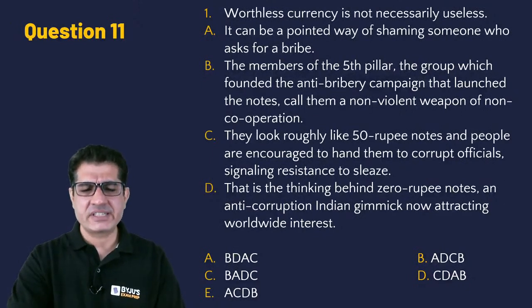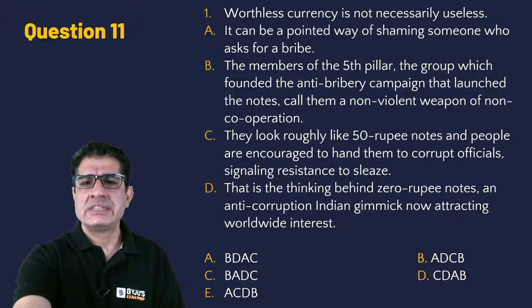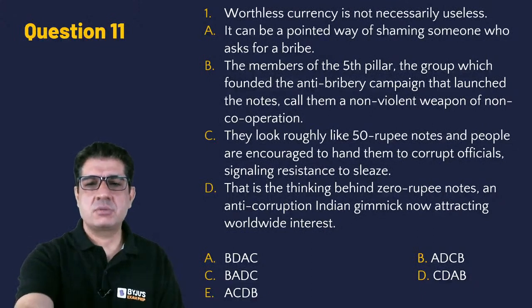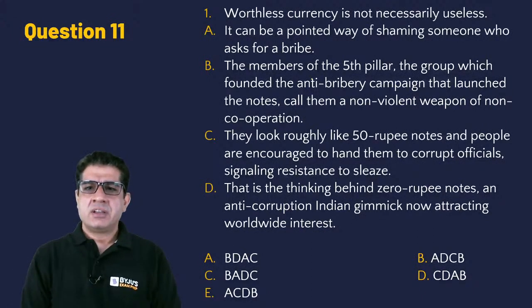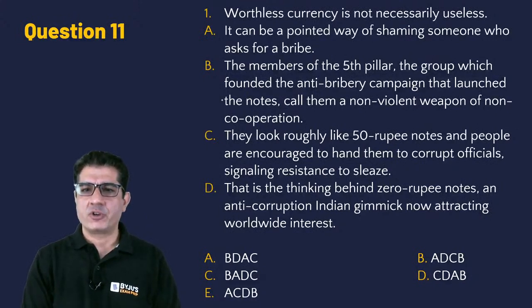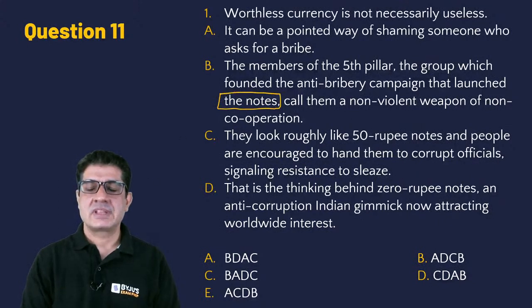Right. Okay. So I have my 6 answers. Let's dive into discussing this particular question. Let me highlight some clues for you first. You notice sentence B says the notes. And then C has they look roughly like 50 rupee notes.